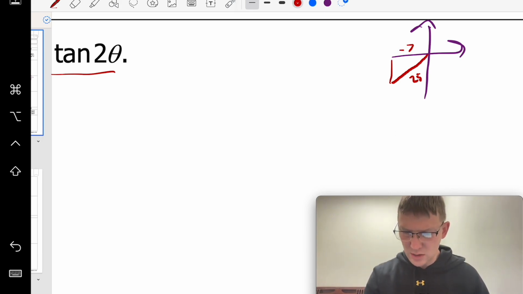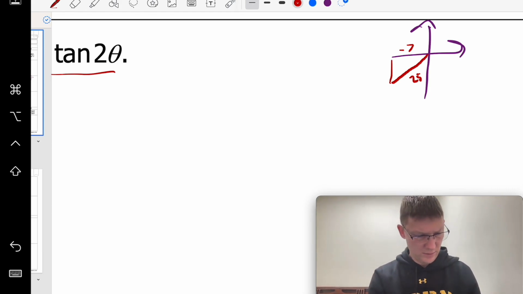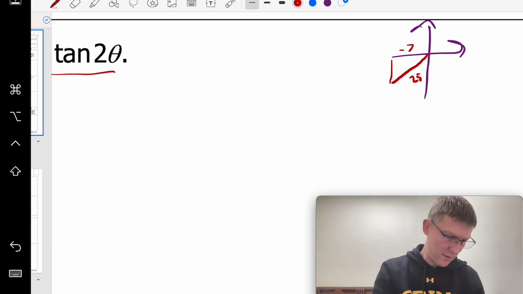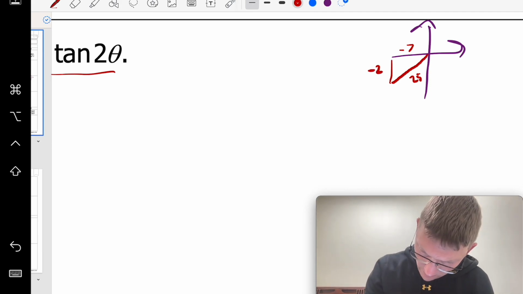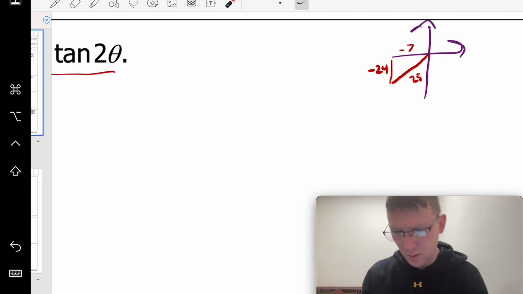Now we need to use the Pythagorean theorem. 25 squared minus 7 squared is 576, square root of 576 is 24. So this is actually going to be -24, because if we look at it, it's going down on the coordinate plane.